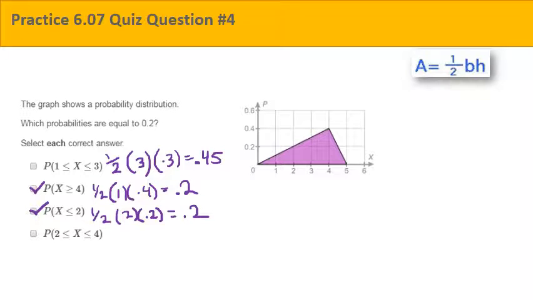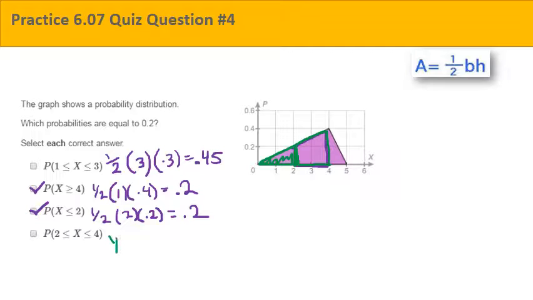And then let's try the next one. Now on the next one, we only want this piece right here from 2 to 4. Okay. So what I'm going to do is take the big triangle from less than 4 and subtract off the little triangle from 2. So if I subtract that off, then it's going to give me the region I want. Okay, and to do that, you have to find the area of the big one minus the area of the small one.